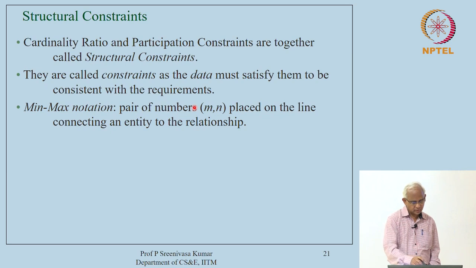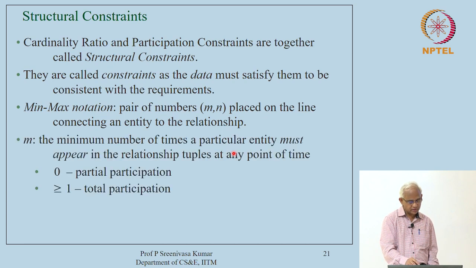Here is an alternate notation which nicely captures both these two things together. This is called min max notation. A pair of numbers m and n, where n has to be at least 1, is placed on the line connecting the entity to the relationship.